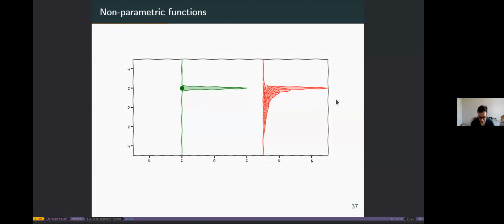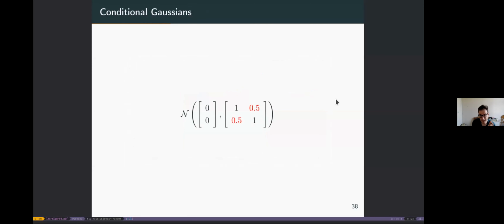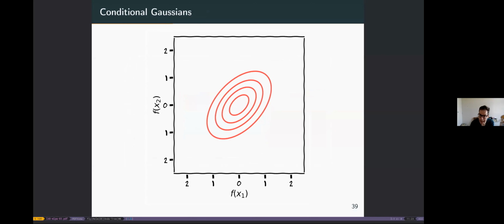Now, if we look at Gaussians, and if you derive the Gaussian identities in the worksheet, you will know these; you've already derived these equations. So if I take a joint Gaussian here and say that the covariance element is 0.5, these are the two slices. Now, if I look at the output, which is the function value, this is the green slice and this is the blue slice.